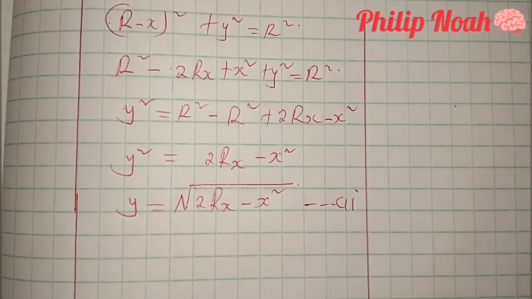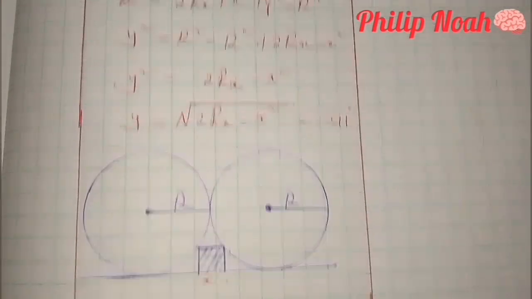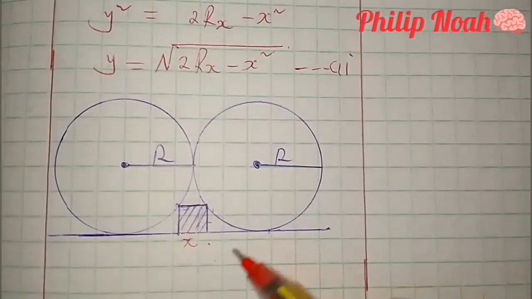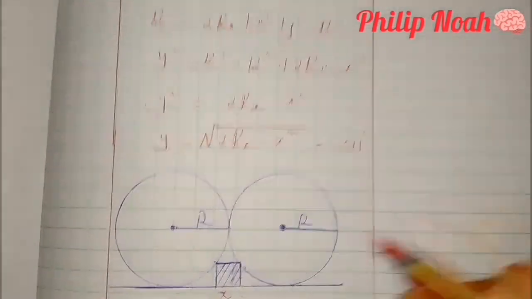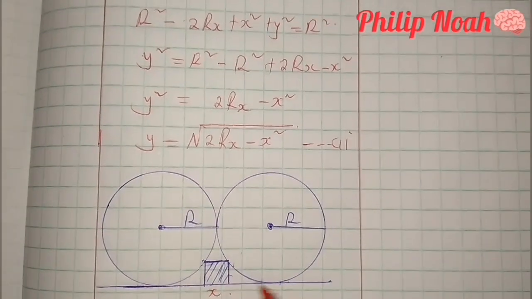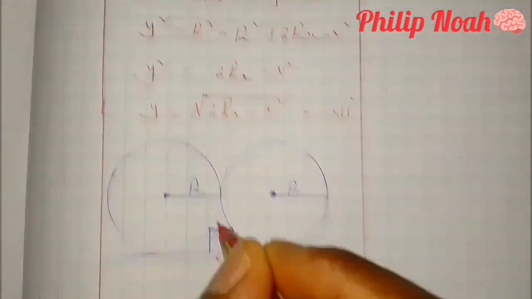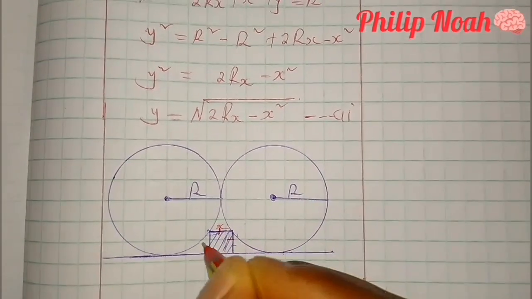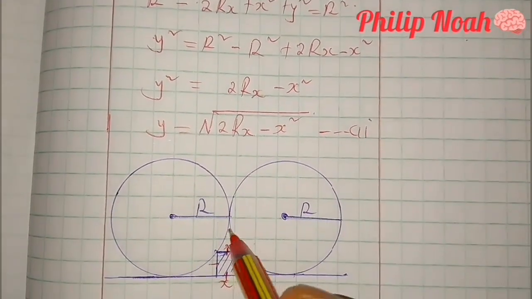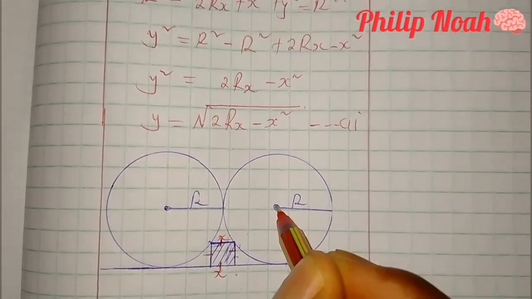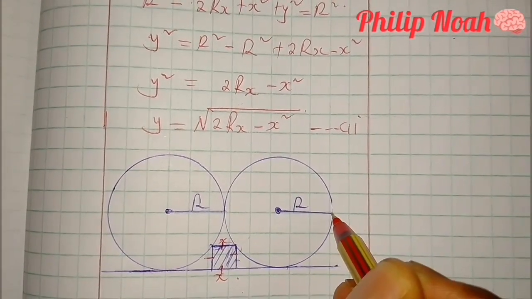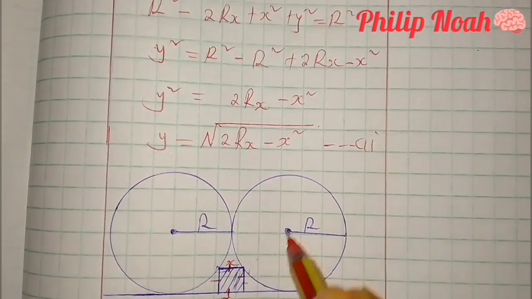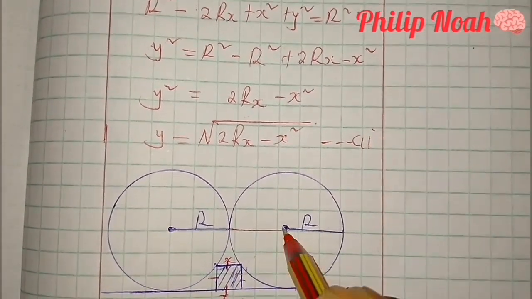The next step, we do this. Here is x, meaning that here is also x, since this is a square. And then from the center to the circumference here is the radius, meaning that from this point to this point is also r.